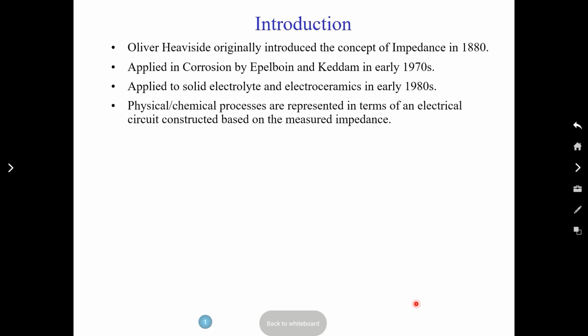And the basic idea is that you are going to represent physical and chemical phenomena that are happening in your material in terms of electrical circuit elements. The circuit elements are typically resistors and capacitors. For example, if you have a composite of two things, by doing this kind of measurement, you will be able to figure out an average resistance of phase one, an average capacitance of phase one, and the same thing for phase two.